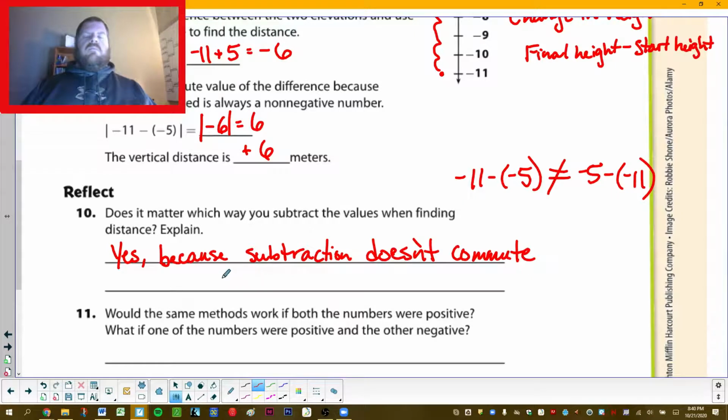Okay? But we can get around this, just like we did in this problem. I'm going to say that you can fix it by taking absolute value.